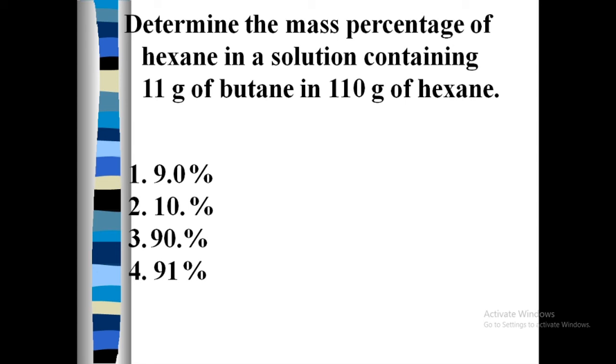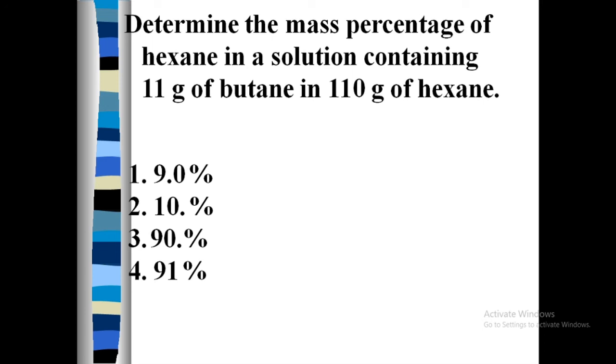So these are the four answers. From these, which one is the correct answer? After calculating the mass percentage of hexane only, we come to know which one is the correct answer. What are the steps we are going to follow?